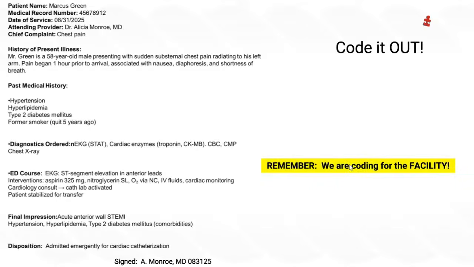And remember, we're coding for the facility. So go ahead and write in the chat the first listed code. And then on the next slide, I will add my inventory.